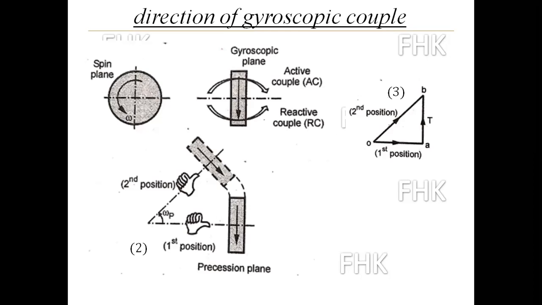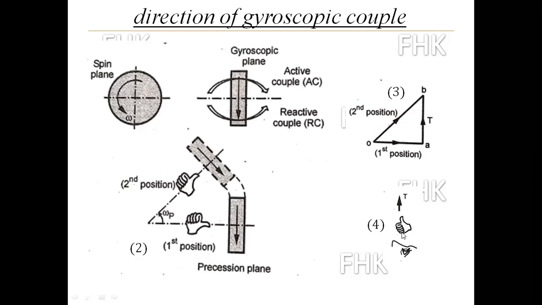Now we have to find the rotation of that vector AB. See, this is the torque A to B. Now the thumb is showing the direction of the vector, in reverse direction we are thinking. At that time the curling finger is showing the rotation of that disc.